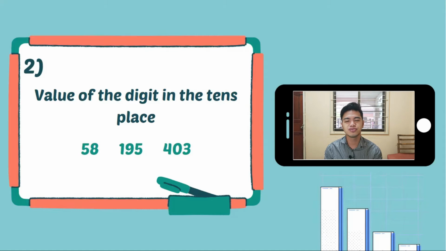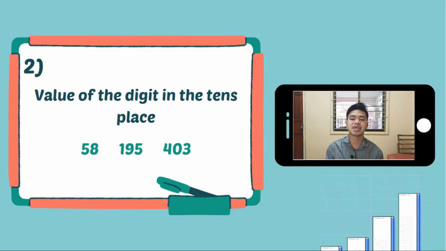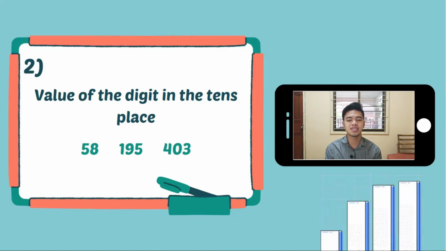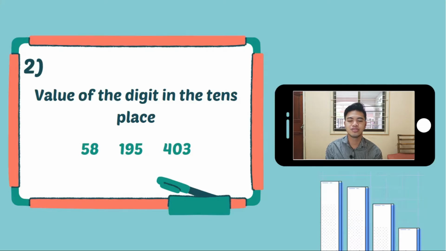So for the number 2, we are going to look at the value of the digit in the tens place again. Okay, so we have here the following numbers: 58, 195, and 403. We have the 58, which has the digit 5, 195 has the digit 9, and 403 has the digit 0.